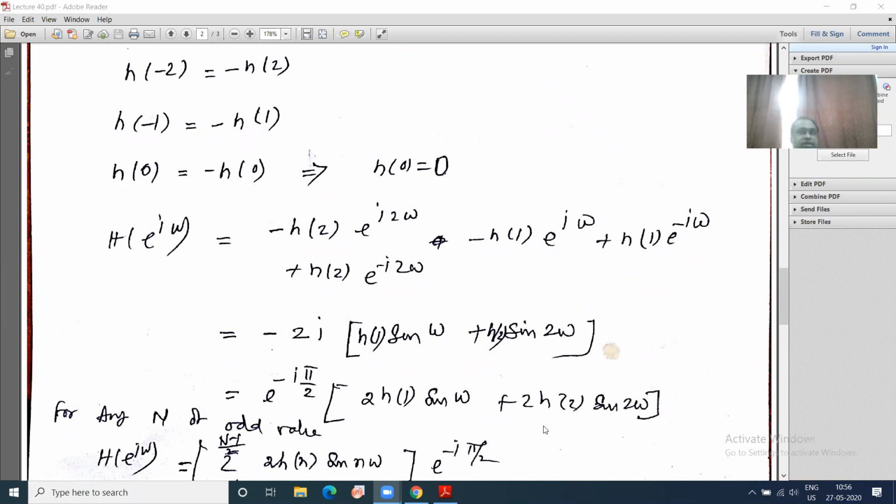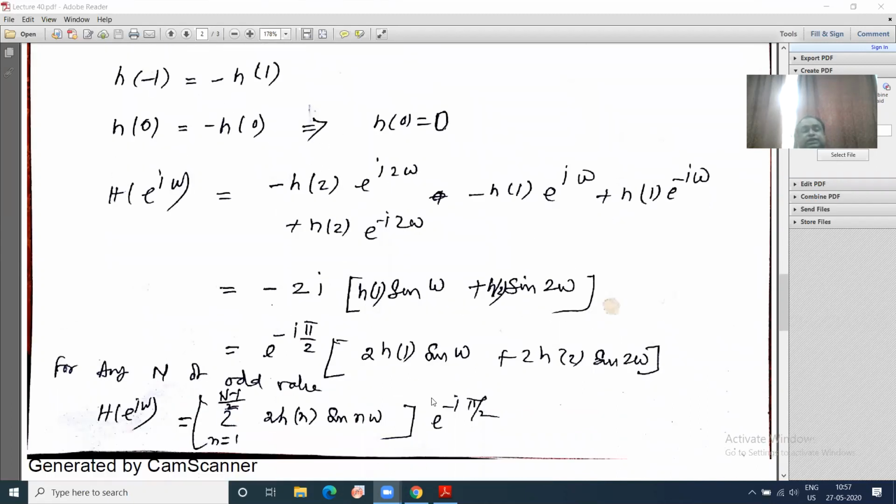So minus j sin pi by 2 means minus j, and cos pi by 2 is 0. So I will write minus j as e to the power minus j pi by 2, into 2 times h1 sin omega, 2 times h2 sin 2 omega. Now if you look at this expression, this has phase minus pi by 2, this is a constant phase.